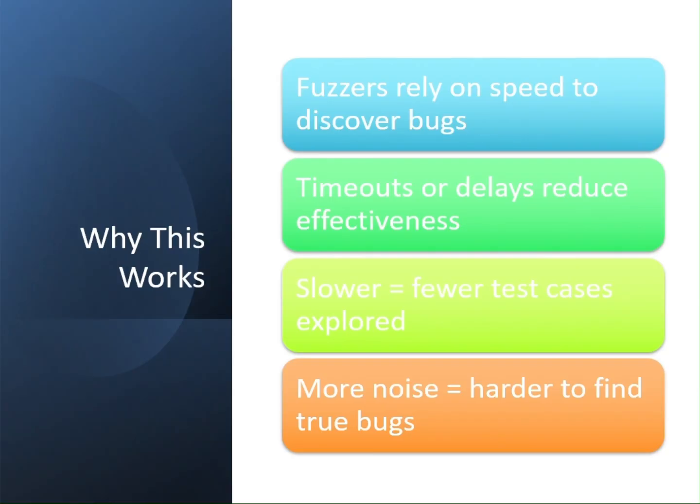It might even abandon the input, thinking the program got stuck, or significantly reduce how often it tests similar inputs. So by wasting the fuzzer's time on execution, we prevent it from doing what it is really good at.